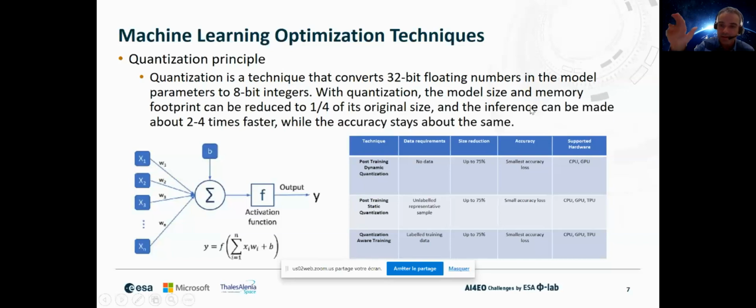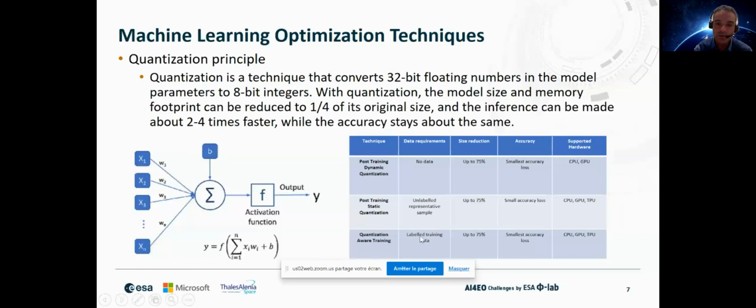Our target will be a traditional CPU, the ARM A72, but if you think about other applications for the future, you also need to consider possibly GPUs and tensor processing units. You can do post-training dynamic quantization, where you don't need any data, which is a very important factor when you choose a method for quantizing. You can do that statically. You just need here unlabeled representative samples to do that properly.